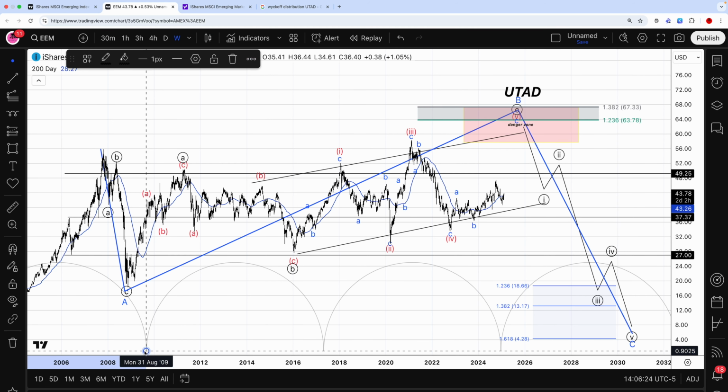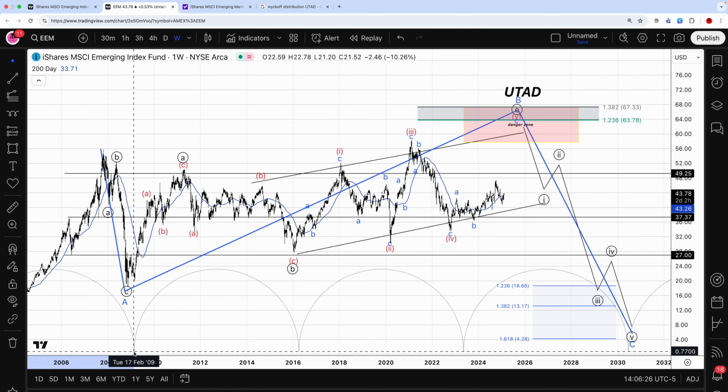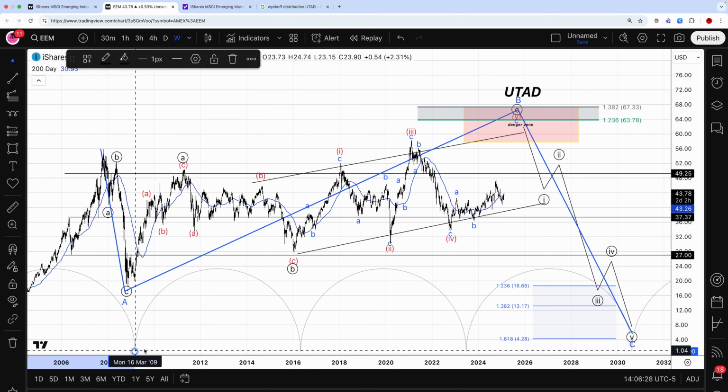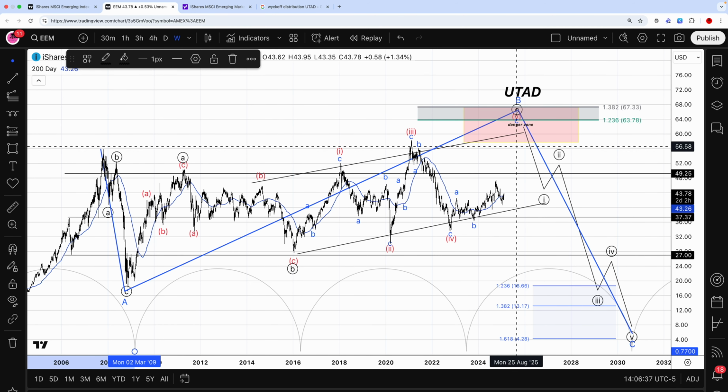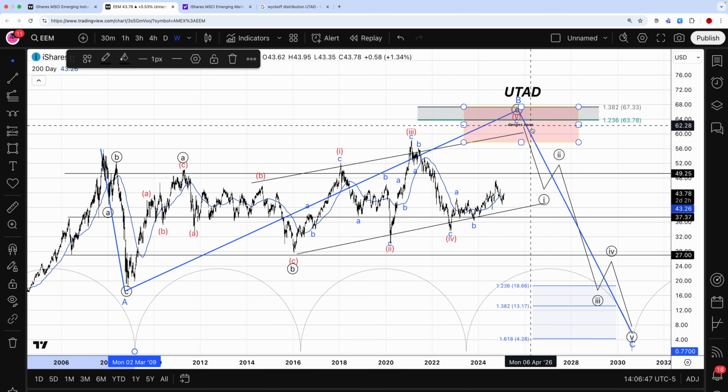Just like a rough estimate. You can eye it like this. So around that August, September, October, like near the end of the year, I'm thinking it turns over.